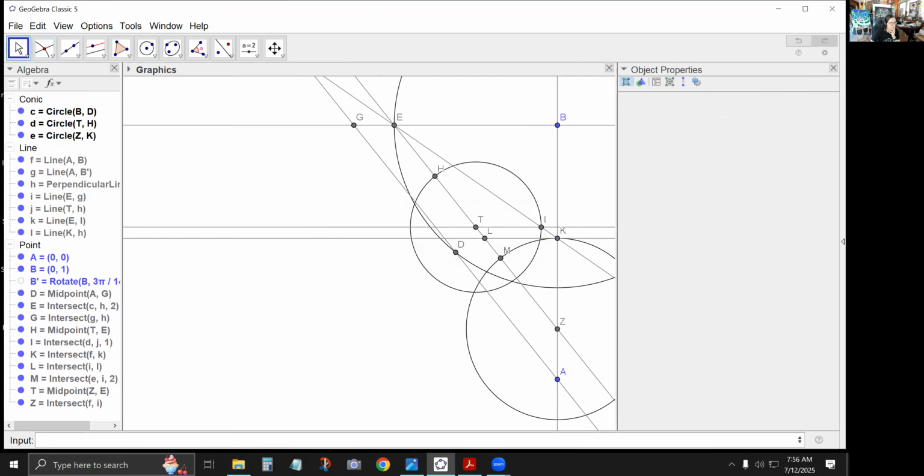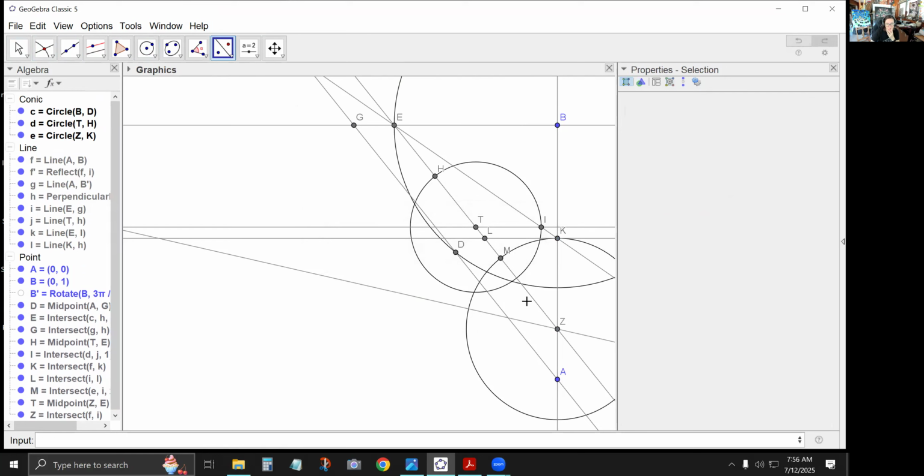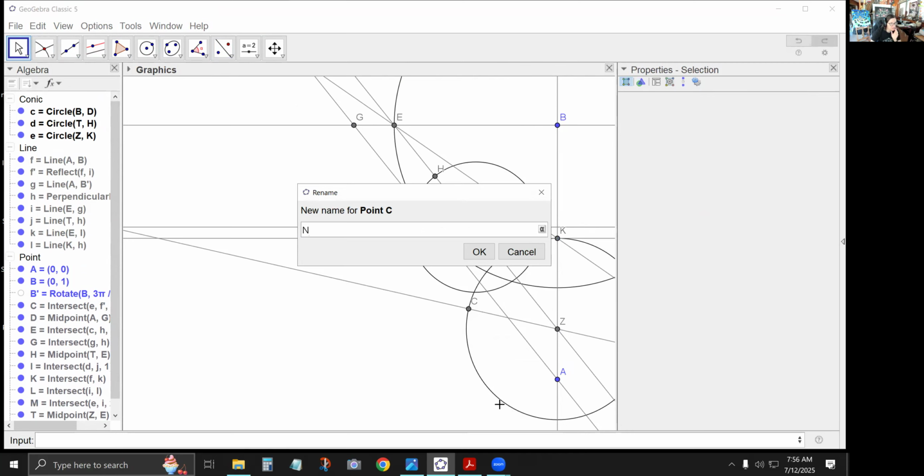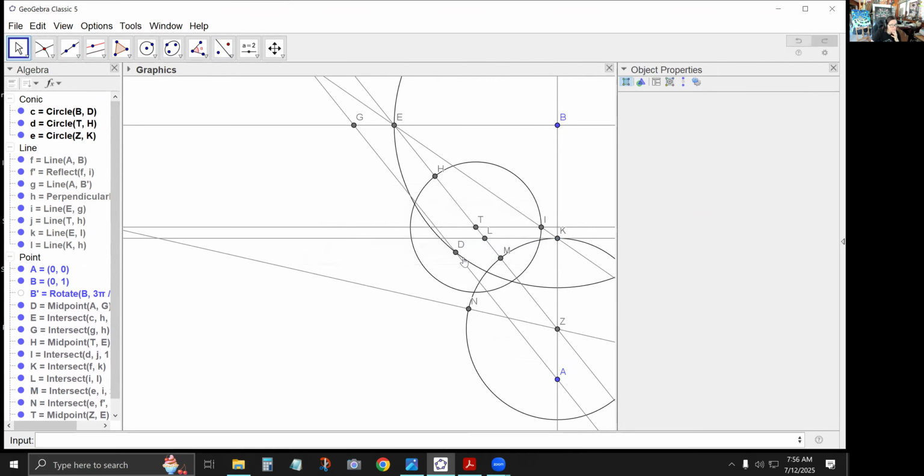And then I want to reflect this line AB over this one so that I can find point N right here. I could have also just reflected K over that line to get N.